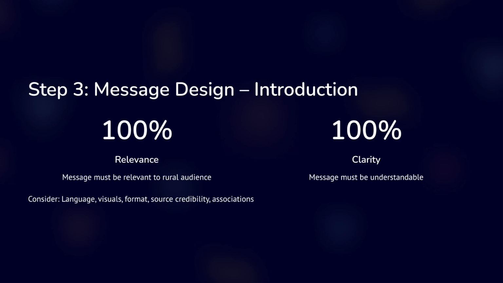To achieve this, several elements influencing the effectiveness of communications must be carefully considered. These include, first, the language used, second, the use of pictorial presentations, third, the form of message, fourth, credibility of the source, and fifth, the association the message creates. We will explore each of these in more detail.